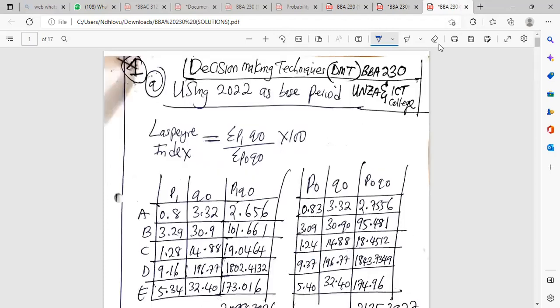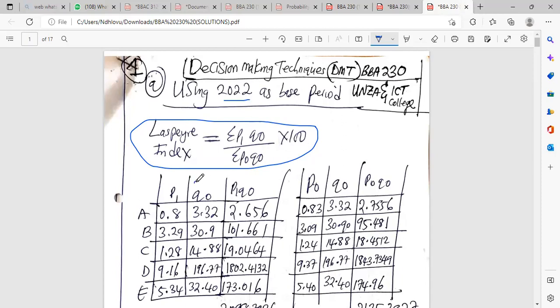Getting down to the solution, the Laspeyres index formula is given by this: summation of P1 Q0 over summation of P0 Q0 multiplied by 100%. This is how you get to the Laspeyres index. We are using base period as 2022, meaning the Q0 will be that of 2022.